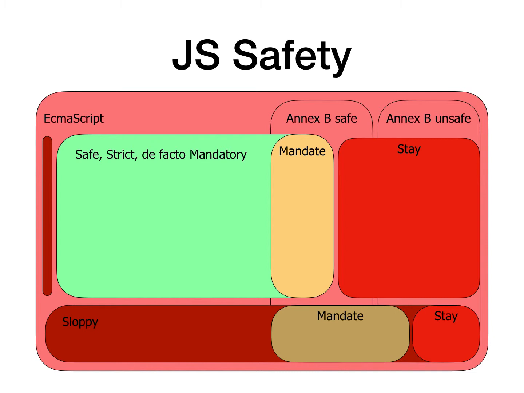And then with this underlying Venn diagram in mind, I'm going to make some recommendations about which things should stay in Annex B, the orange on the right, and which things I think we should go ahead and mandate as part of the de jure spec, promote them into the main spec, because even if we would like to discourage programmers from using the features, we cannot realistically discourage implementers from implementing them.